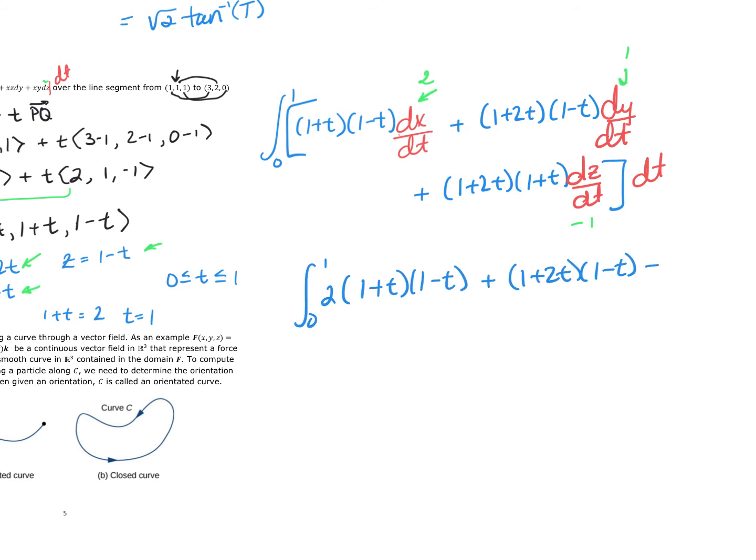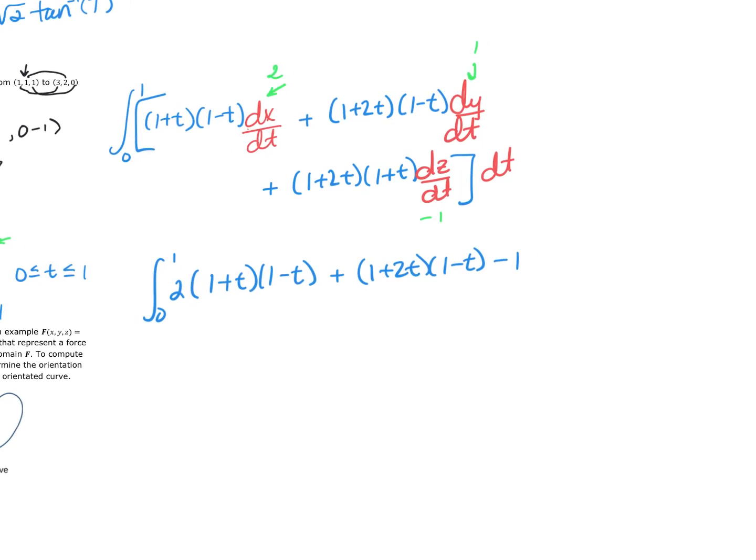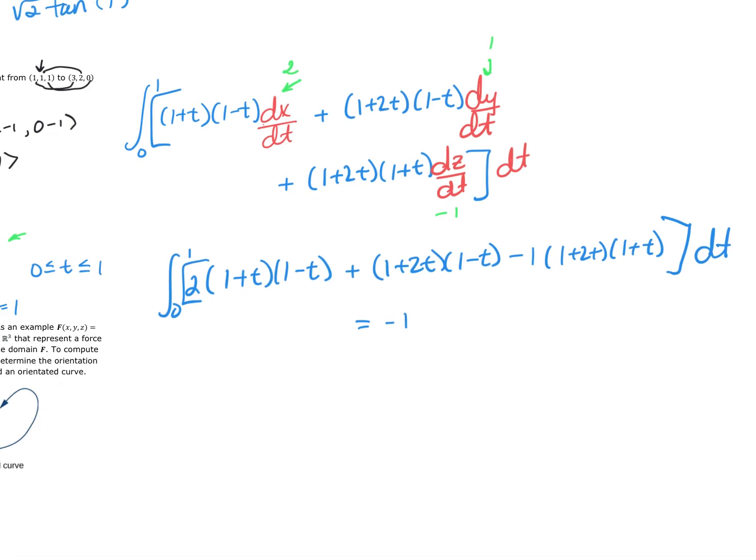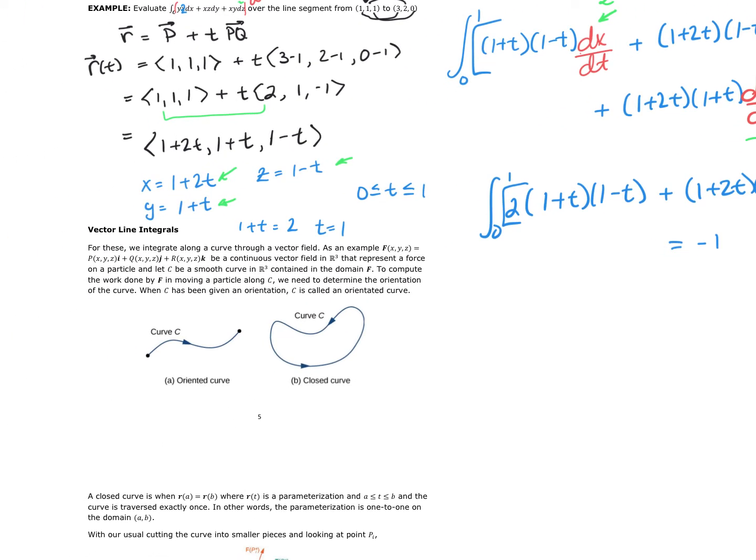And then minus, because of the negative, (1 plus 2t)(1 plus t), and this is all dt. Now I'm going to go ahead and find the answer. I'm just going to give you the answer rather than you watching me do it. And my final answer is -1. You all should go through that to make sure that I am giving you the right answer.